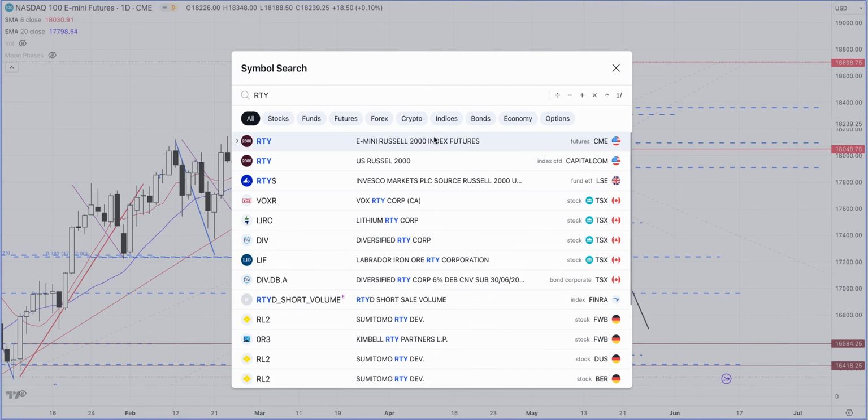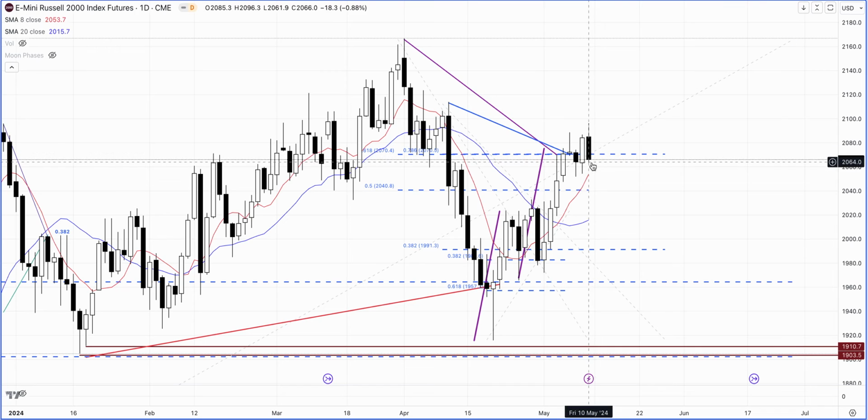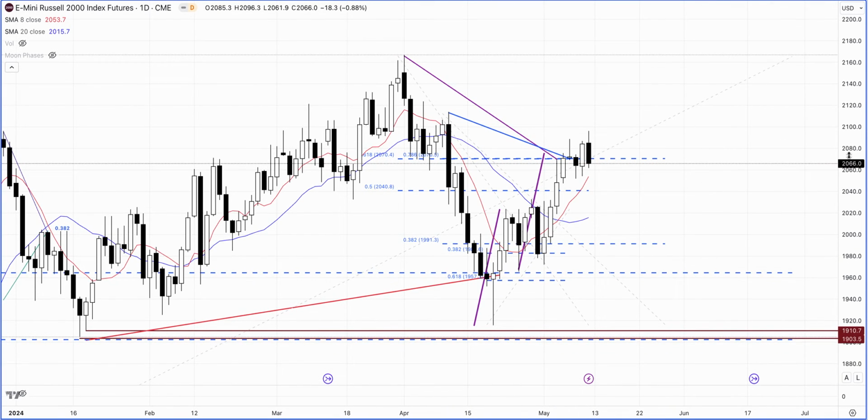And if we look at Russell 2000, this is a fairly negative close for this market, and the interesting part is it closed below the 2070 level. It did make an attempt to rally, but closed below the 78.6% retracement, which we had been watching for quite some time, and where we also have this ABCD pattern completed.